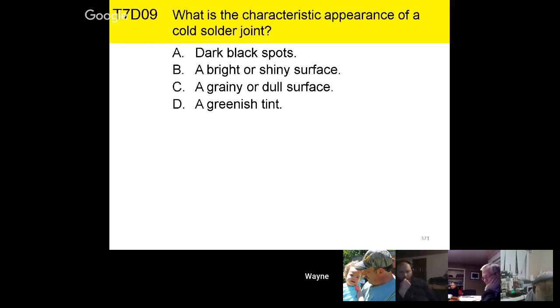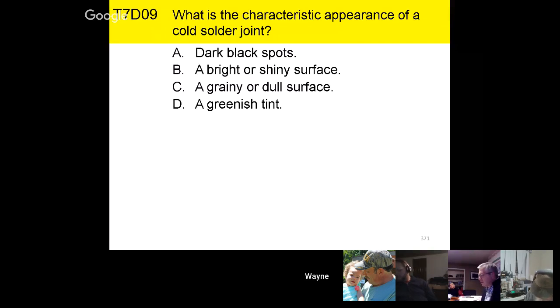Okay, what is the characteristic appearance of a cold solder joint? Boy, I tell you, even some new equipment can get a cold solder joint, and it's very prevalent, very obvious, and very noticeable once you get in and investigate. If you've got an intermittent connection, you discover what's known as a cold solder joint.